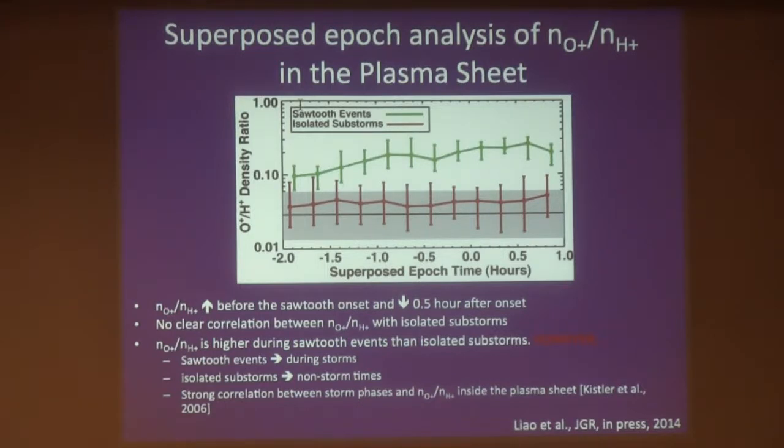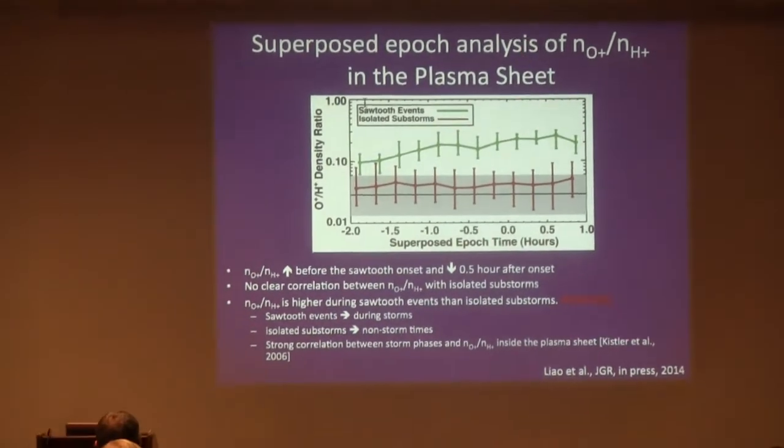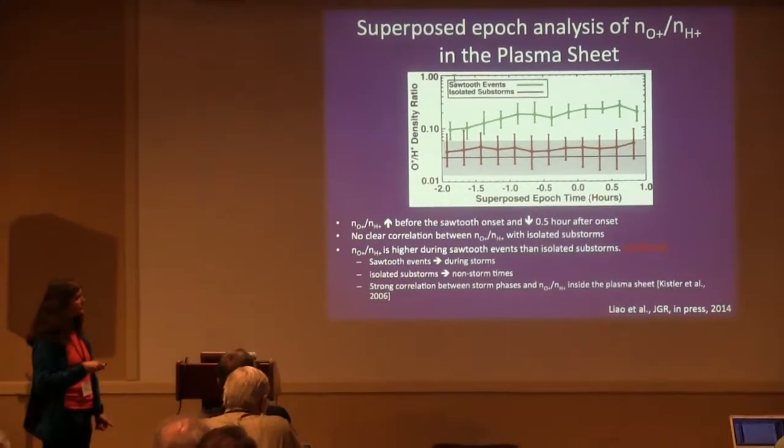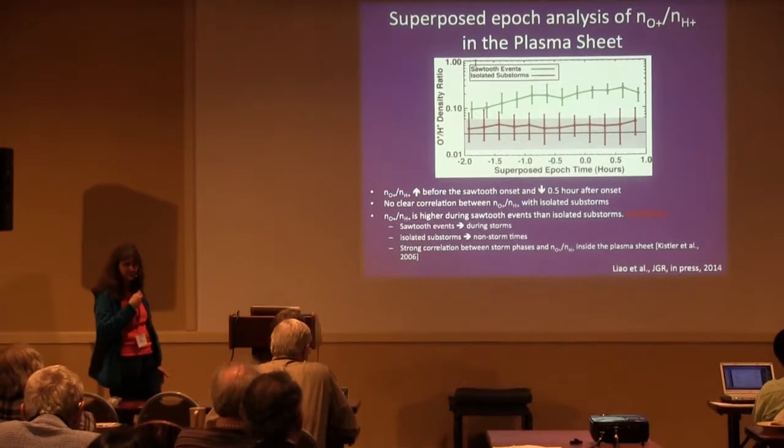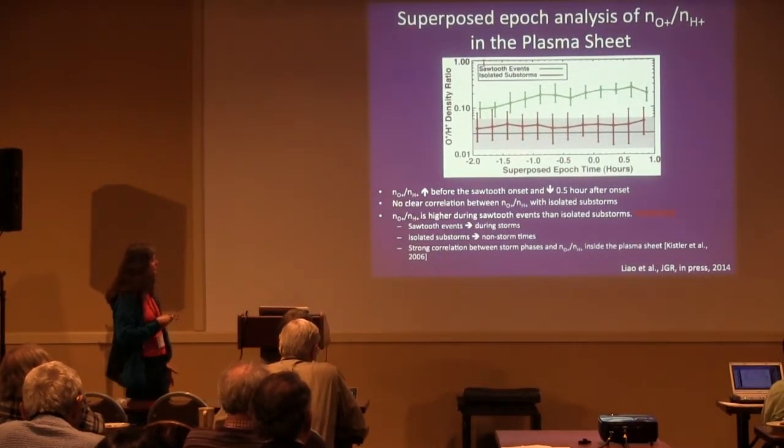So we then tried looking at a superposed epoch analysis. We started by identifying all the isolated substorms and all the sawtooth event teeth, and plotted each tooth of the sawtooth and each isolated substorm with a superposed epoch time. That's the onset of the substorm or the onset of the sawtooth tooth.